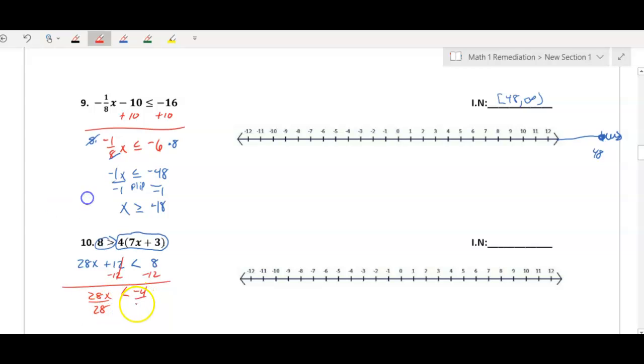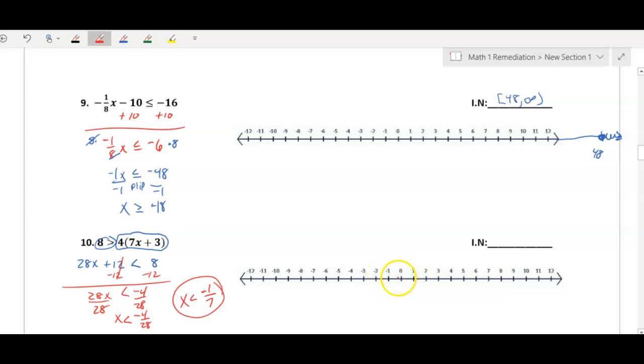And if I divide by 28, I get x is less than negative 4 over 28, which is x is less than negative 1/7. And that's because negative 4 over 28 will simplify to negative 1/7. Both can be divided by 4. So negative 1/7 is going to be in between 0 and negative 1.